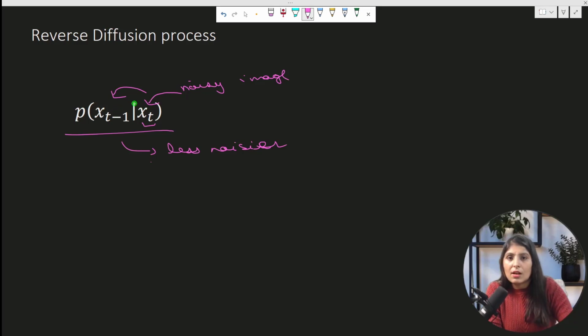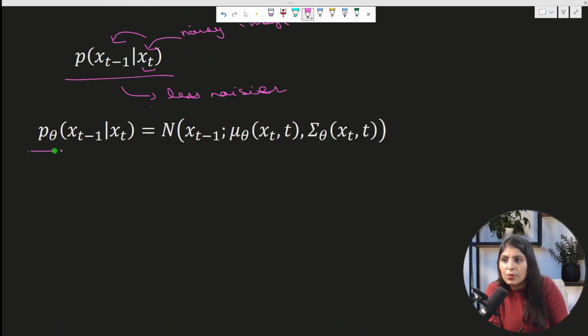Okay, so let's try to understand this function. This we know now, right? We'll give a noisy image and we will get a less noisy image, and the same formula we are applying. This normal distribution, this will be the output image. Xt minus 1 means the image at the previous time step, meaning we want to get the less noisy image now. Xt will always be the more noisy image, and xt minus 1 will be the less noisy image.